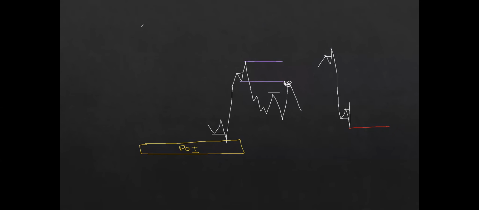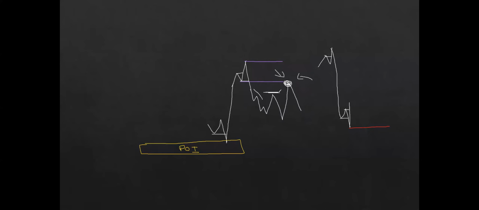No. We just know that it can give you a reaction. So write that down. It can give you a reaction. Can you enter from here? Yes. Can you look for a short here? Yes. You can look for potential shorts here if it has liquidity, of course.